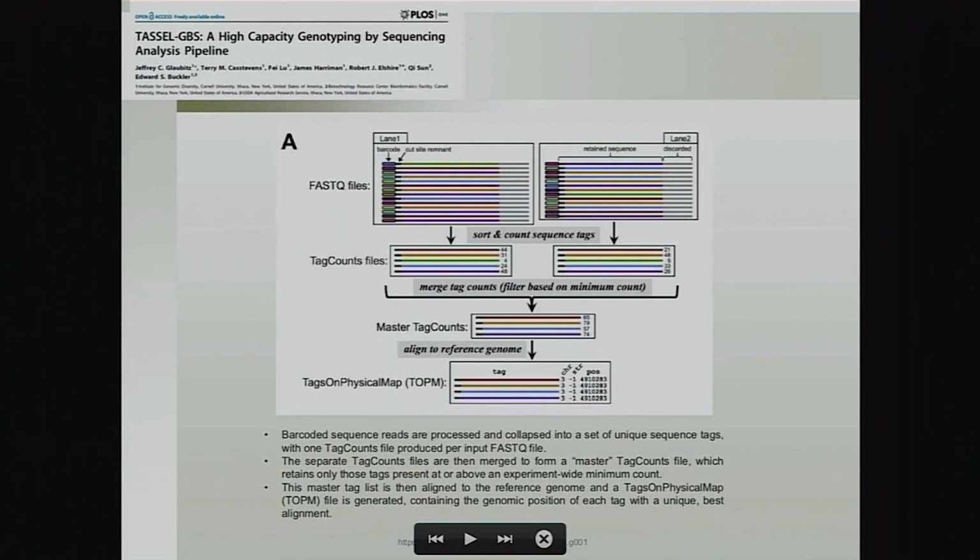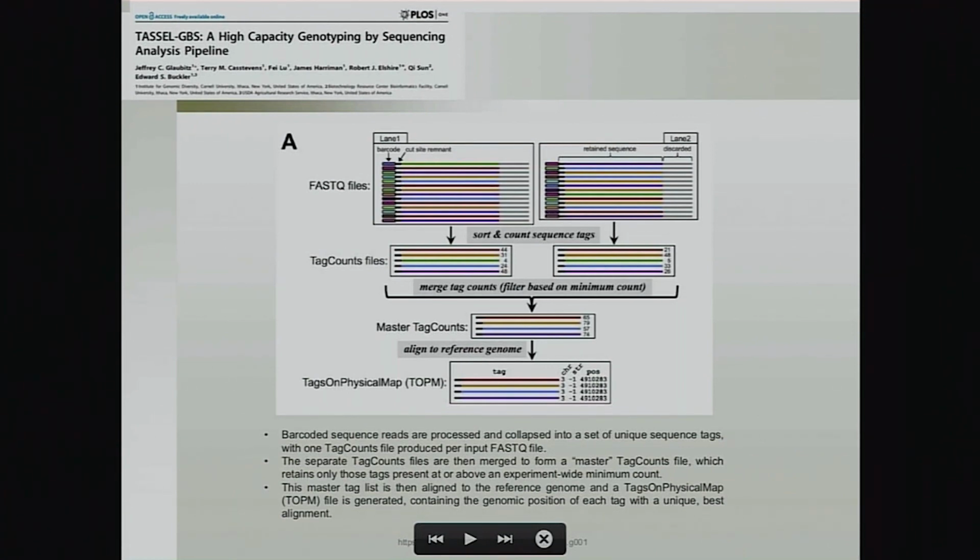TASSEL only uses the first 100 base pairs of the sequence, and they discard the rest, okay? They didn't pay attention if this sequence is reliable or not, because sometimes you get nothing, or trash, or sequences that are not useful.